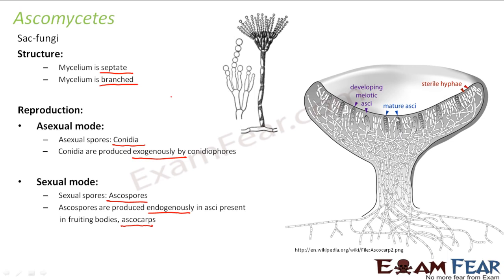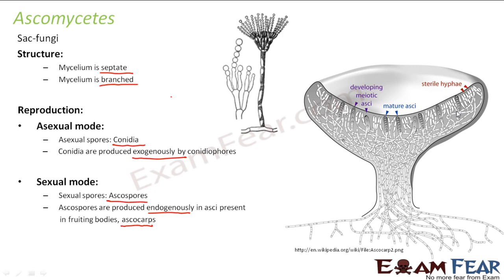Each of these sac-like structures is an ascus. The spores produced by the asci are ascospores, and this entire structure is the ascocarp, that is the fruiting body of Ascomycetes. So here you got to know that the process of sexual reproduction remains the same in all types of fungi. It is just that each of them has different structures to produce the sexual spores.